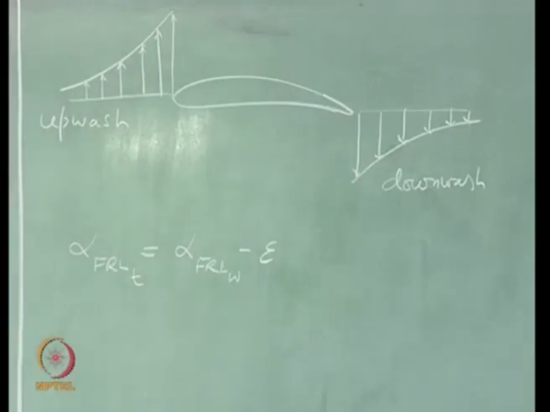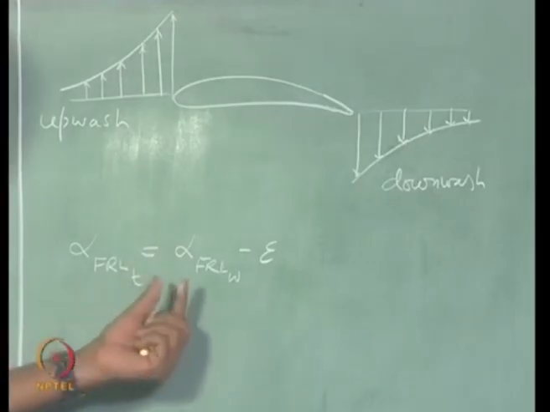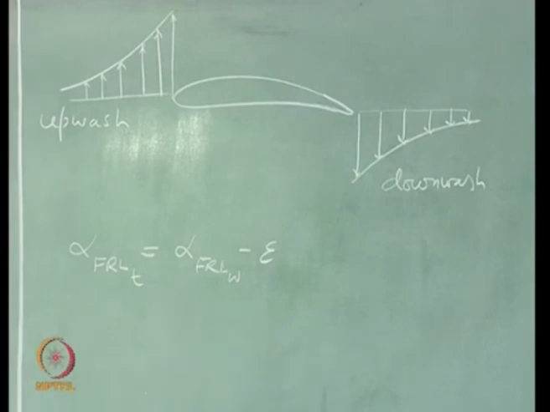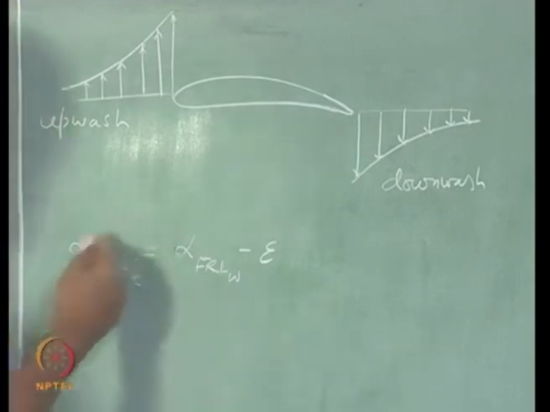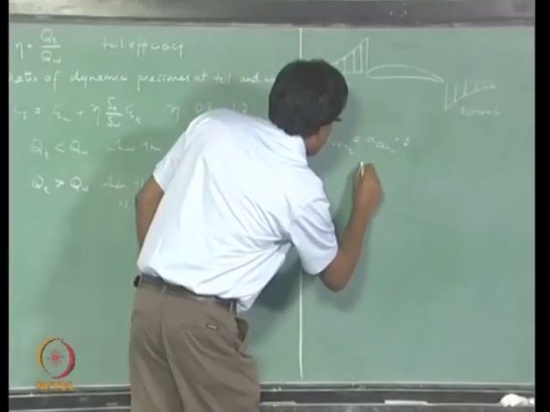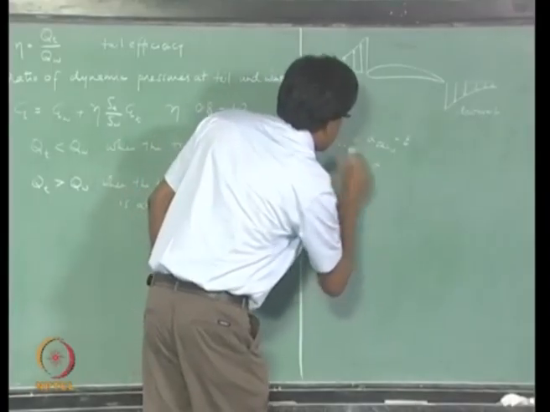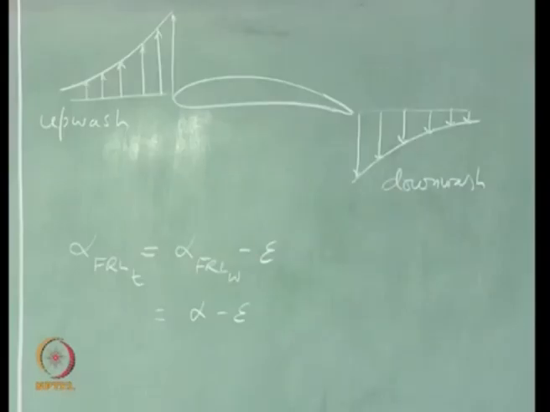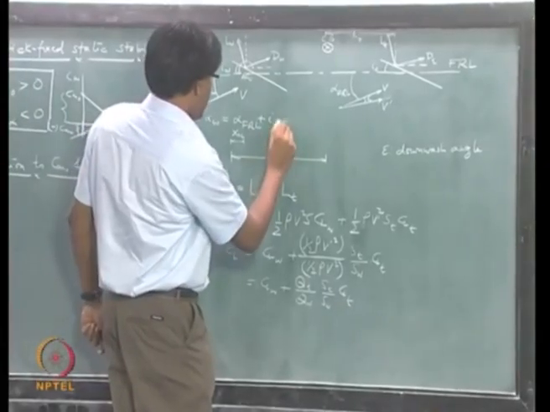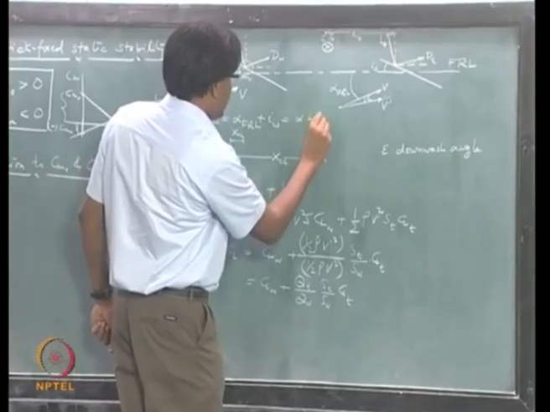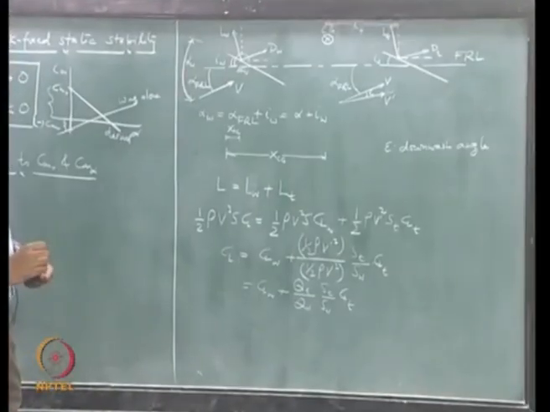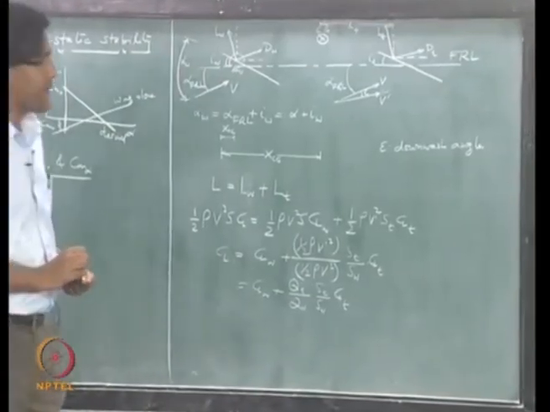And I have said that we are going to treat this angle of attack as the angle of attack of the aircraft, right. So, we are going to drop this FRL and write this as alpha. Okay. So, here also this is nothing but alpha plus IW.